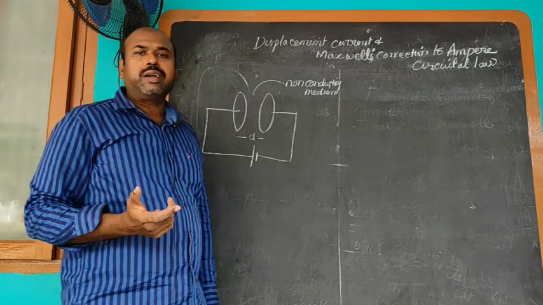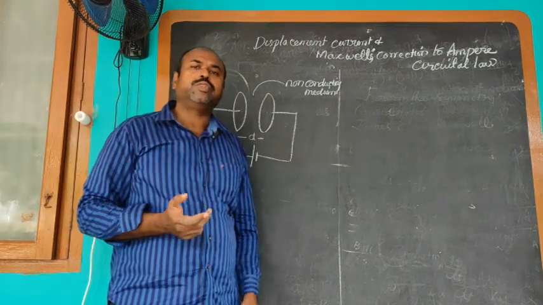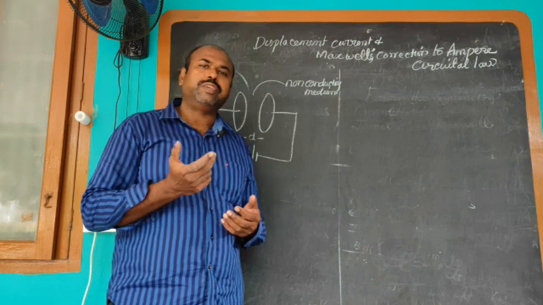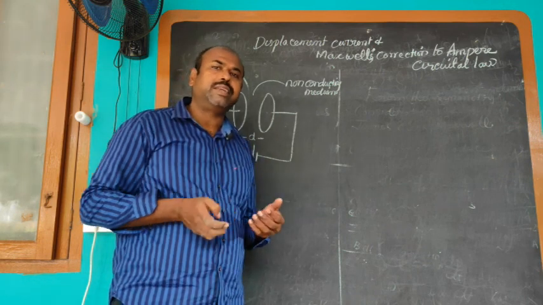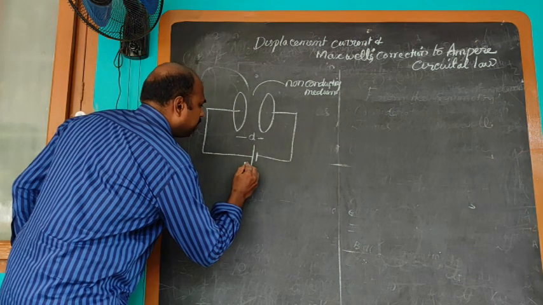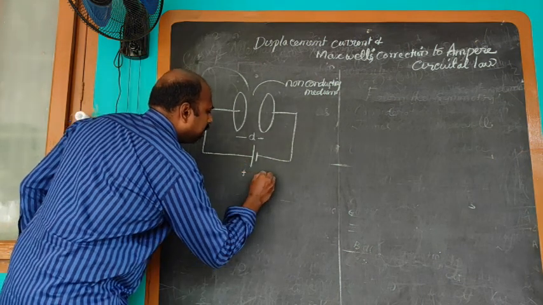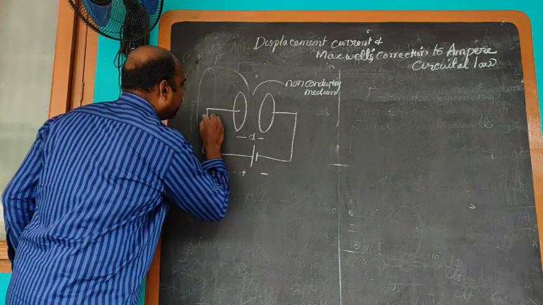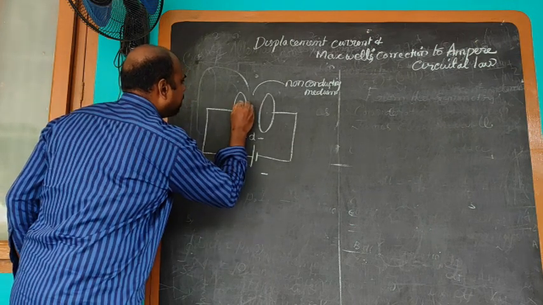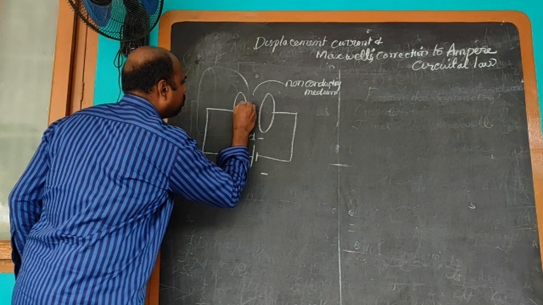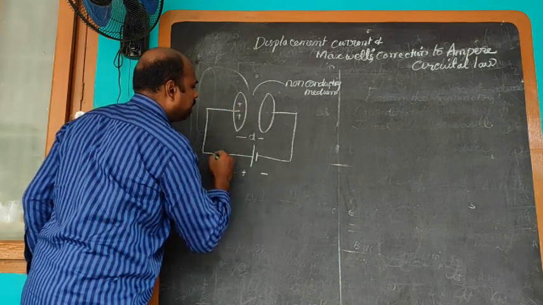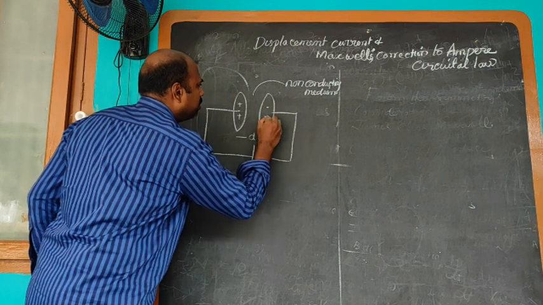Why don't we apply an AC battery? Using a DC battery only we can charge the parallel plate capacitor. If you apply AC current, what happens? In the first half cycle, this is plus and this one is minus. So plus charge goes through the wire to the plate of the capacitor. Plus charges grow up in this plate and minus charges grow up in this plate.